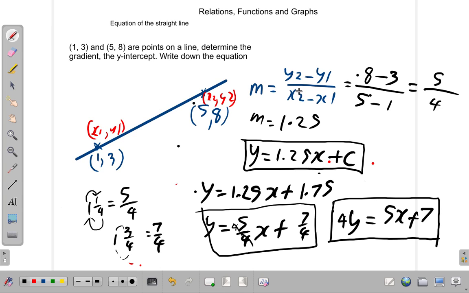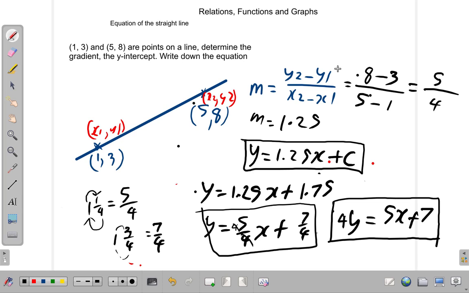Then you apply the formula. You identify which coordinate was y1. Even if you put x1, y1 up here and x2, y2 down here, you'll get the same answer, right? So you identify which one y1 is, and you put the number here.